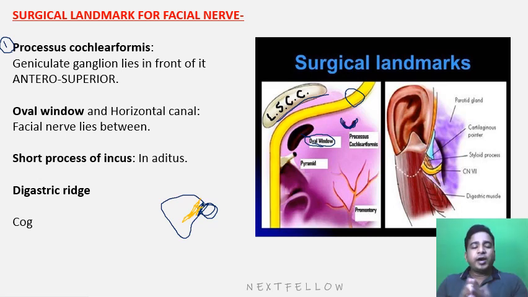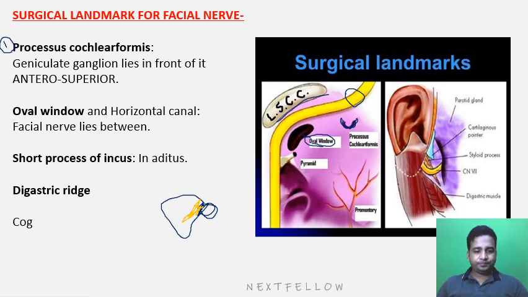So just try to find the short process of incus. The facial nerve is immediately medial to that. So the short process of incus serves as a surgical landmark. The facial nerve is very important whenever we are doing the posterior tympanotomy technique or the facial nerve decompression surgery. So it serves as an important landmark.